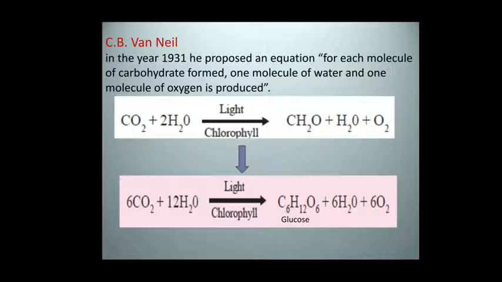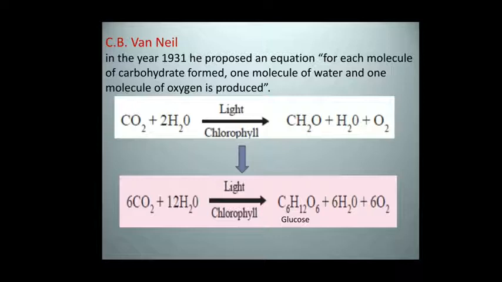The plant absorbs CO2 from the atmosphere and water from the ground, and in the presence of light, using chlorophyll, it produces CH2O, which means a sugar or carbohydrate compound, plus water, and it releases oxygen. He proposed that for each molecule of carbohydrate formed, one molecule of water and one molecule of oxygen is produced.